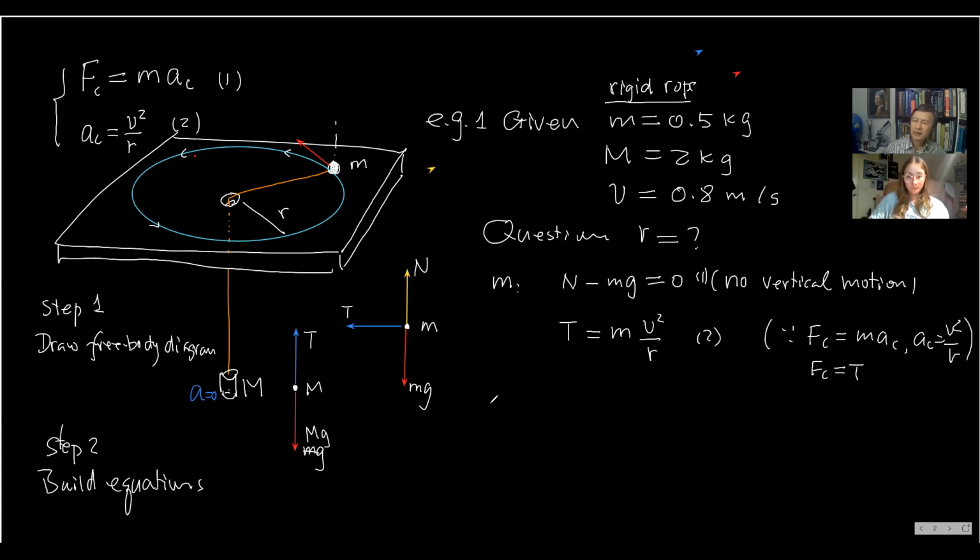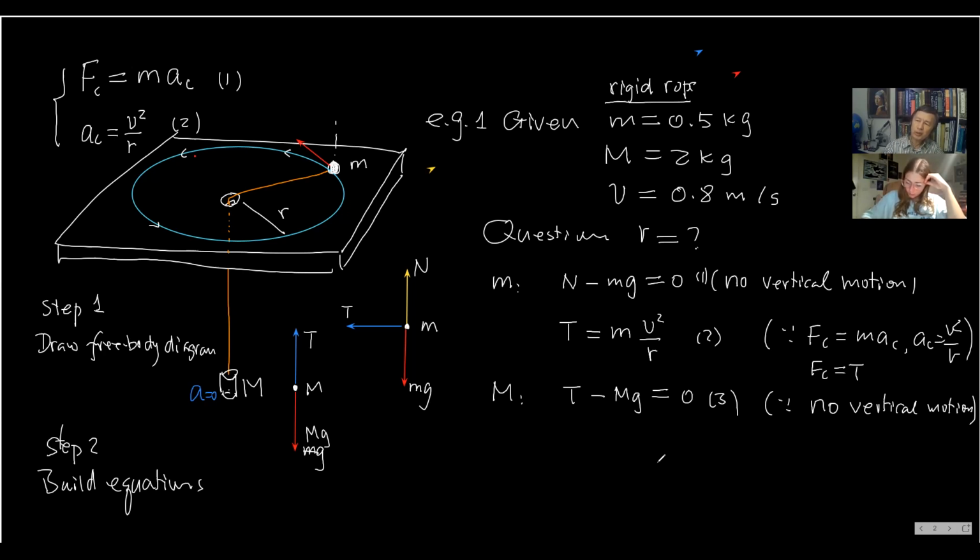Yep. For the other object, the equation is simple, just one. We can argue that the net force acting on the second object must also equal 0. This is our equation 3, because there's no vertical motion, same reason. So in this way, we can build 3 equations. Can you see that? Yes.